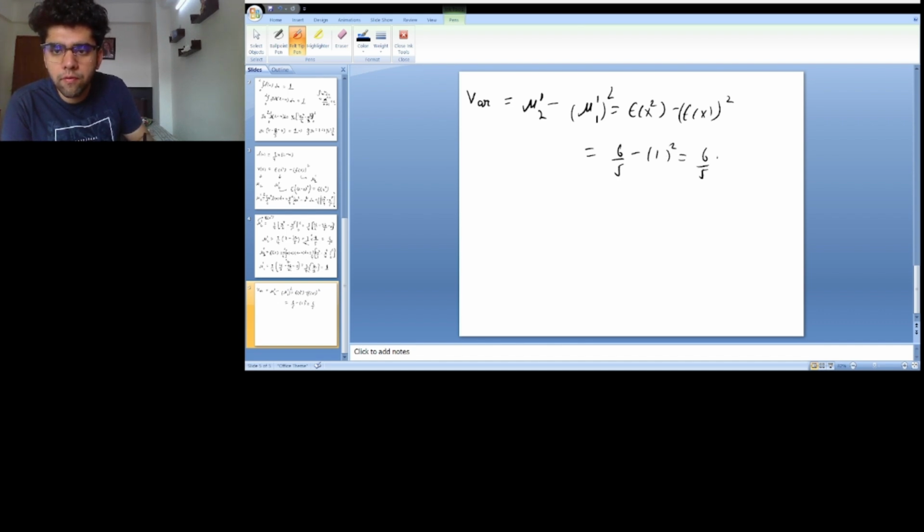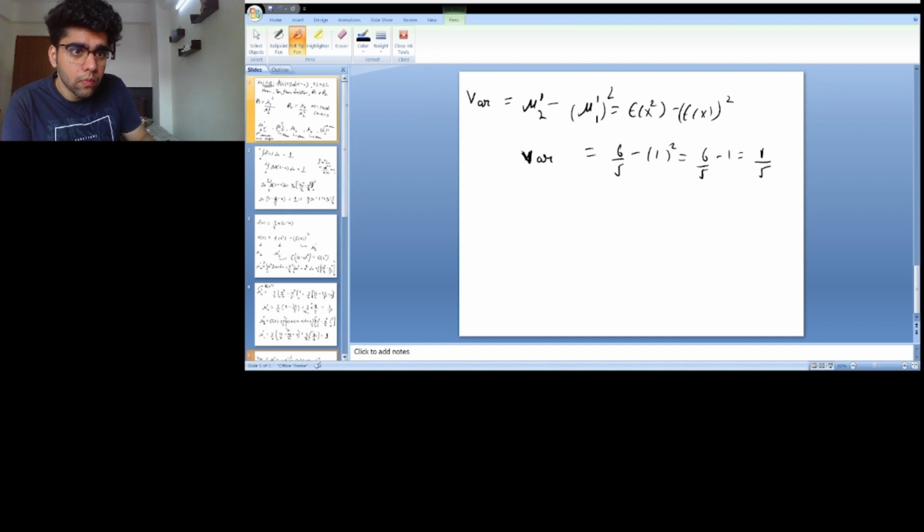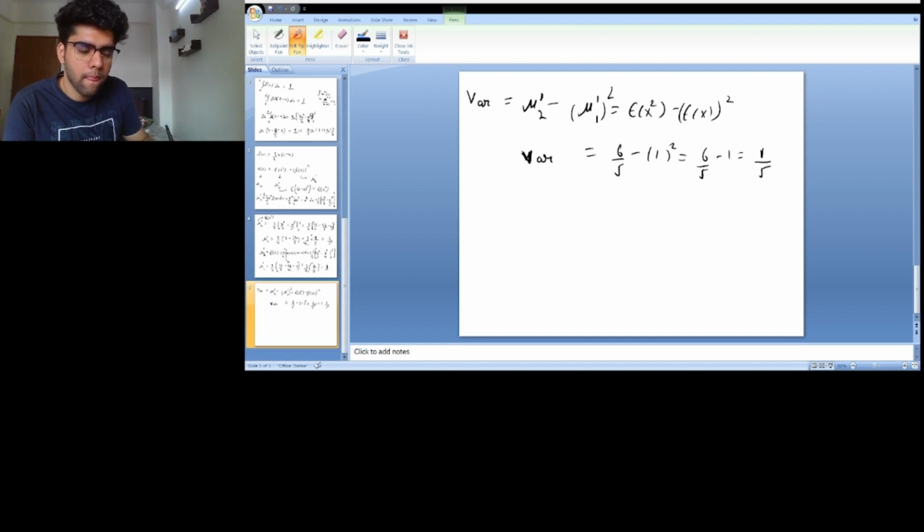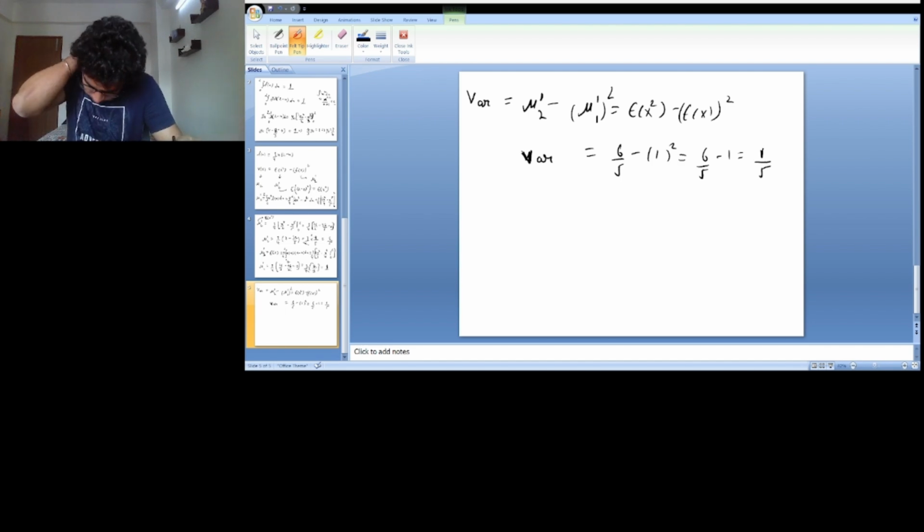So 6 by 5 minus 1, which is 5 by 5... this will give me 1 by 5. Okay, this is my variance. Let me just check my answer. This is example 5.11 from SC Gupta, Mathematical Statistics. Right, so the variance is 1 by 5.